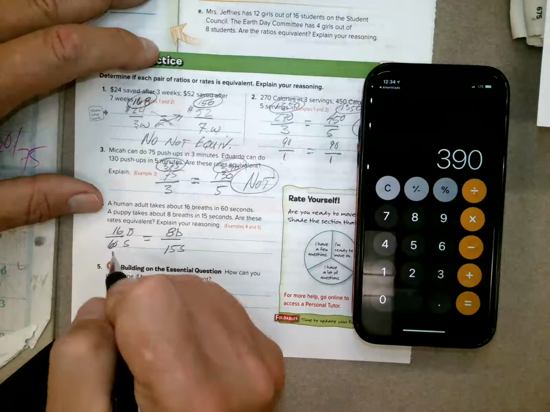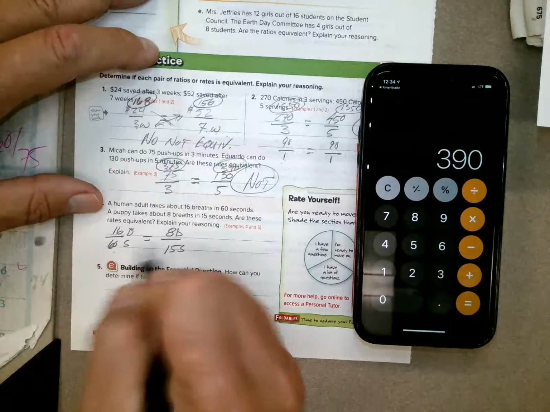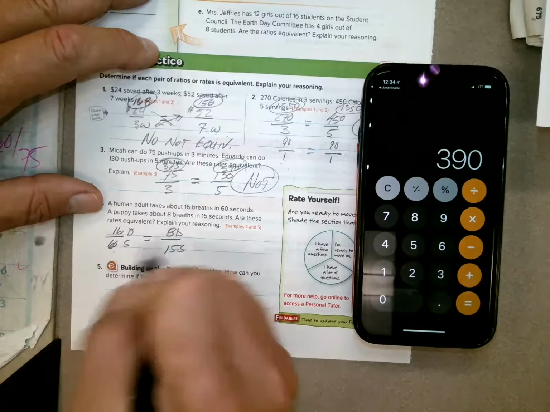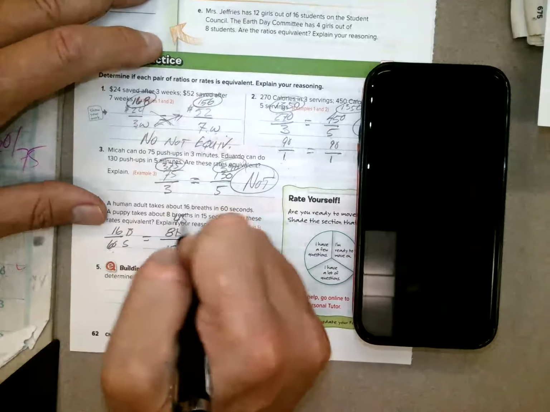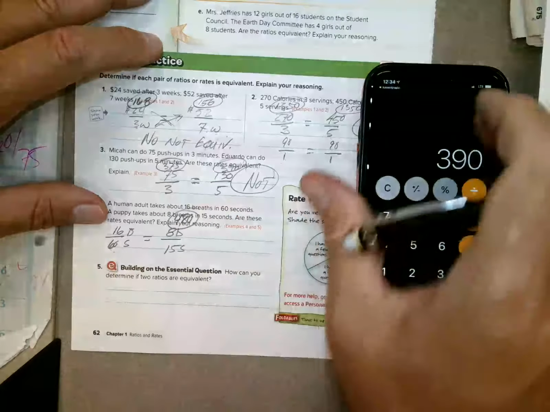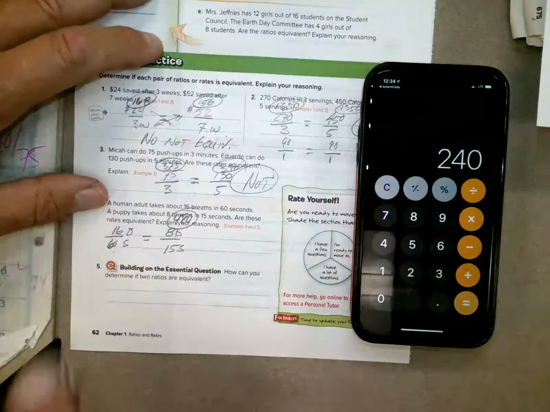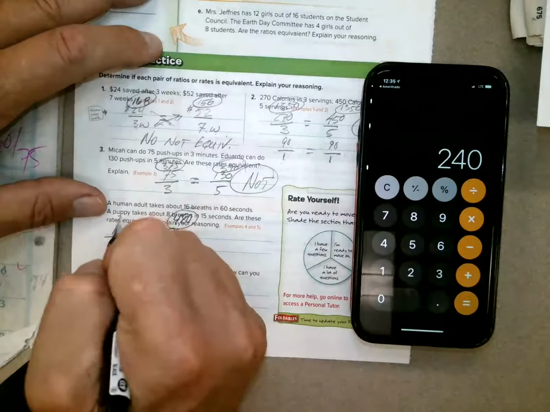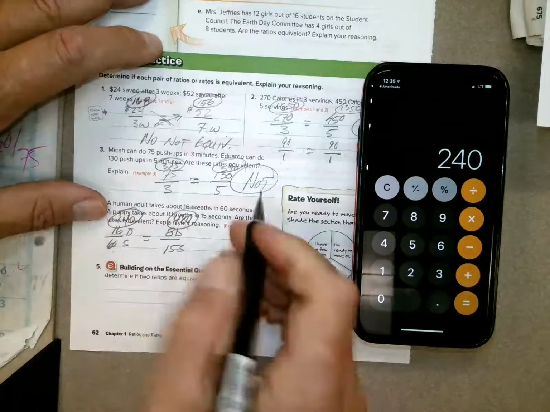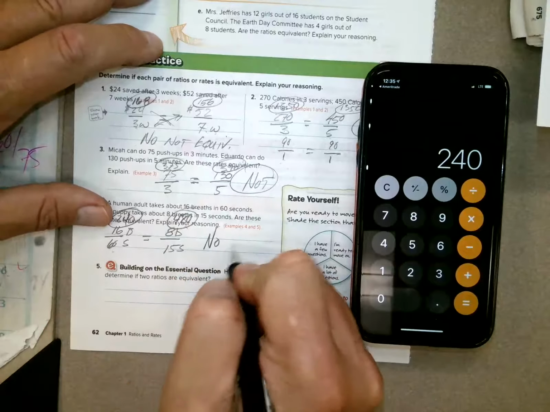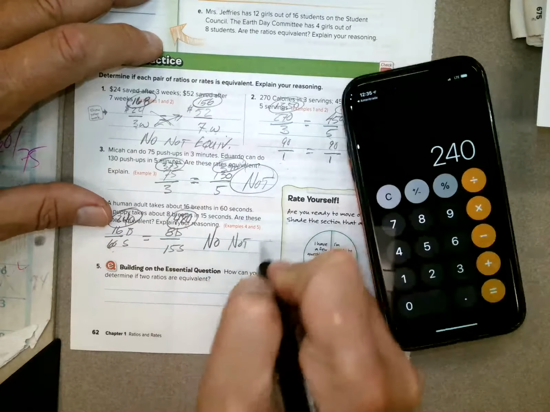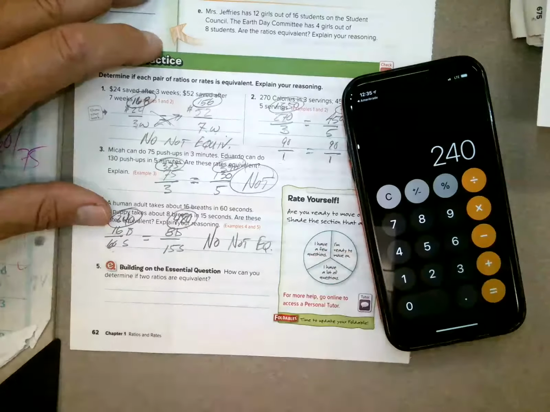Well, 8 times 60, that's what we want to start with. 60 times 8 would be 480. And 16 times 15 is 240. So the answer clearly is no. They are not equivalent.